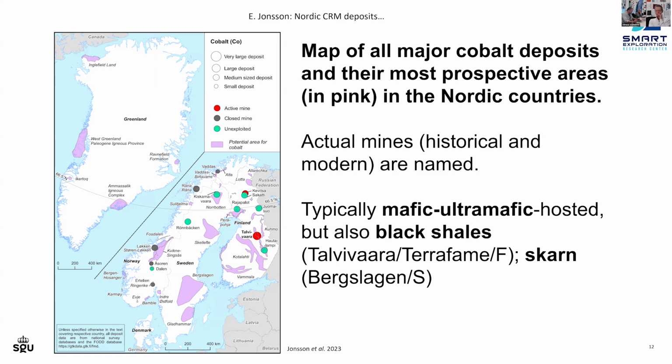Most well known is Talvivaara, presently known as the Terrafame mine in Finland. You can see that as the red dot in east central Finland, where we have active production of cobalt. We also have a number of quite well-known skarn-hosted deposits, particularly in Bergslagen in south central Sweden. However, these deposits are, with today's terms, today's thinking, all of them rather small.